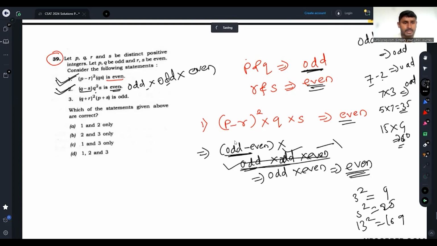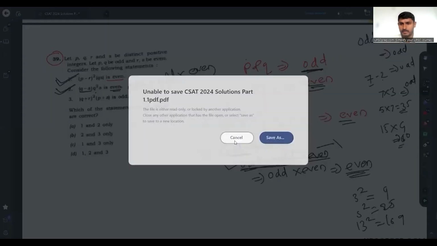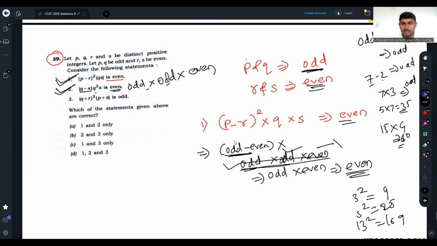Then come to statement 3, (q plus r) square into (p plus s) is odd. See now, अभी यहाँ पे q plus r यानी कि what? Odd plus even. Odd plus even क्या होगा? Odd plus even का square we have to find out. Odd plus even सबसे पहले odd ही होगा, right? If you add any odd number to an even number, you will get an odd number. Odd number का square भी हमने देख लिया, वो odd ही आता है, right? मतलब ये जो bracket हुआ (q plus r) का square, that will be odd, into p plus s पे आते हैं. p plus s is what?